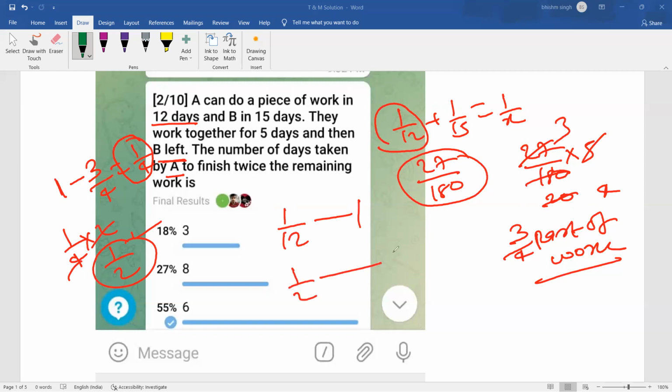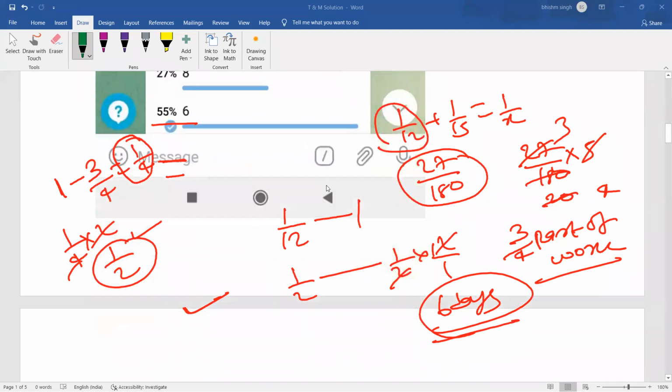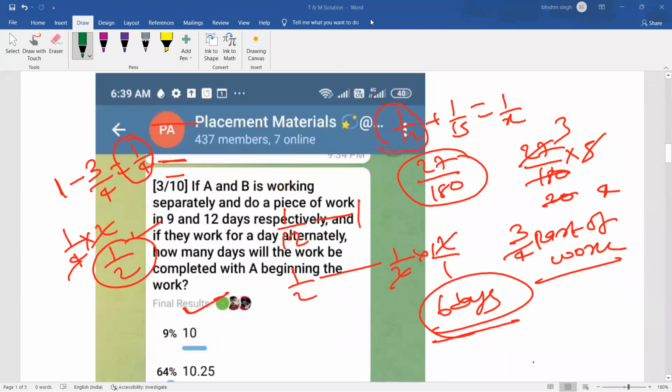So 1 by 2 work he will do in 1 by 2 multiplied by 12, which is 6 days. So this is the answer. Third one is the correct answer. A will complete the remaining work in 6 days. Now we come to question number 3, everyone.